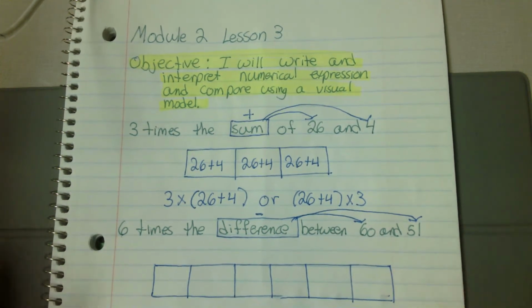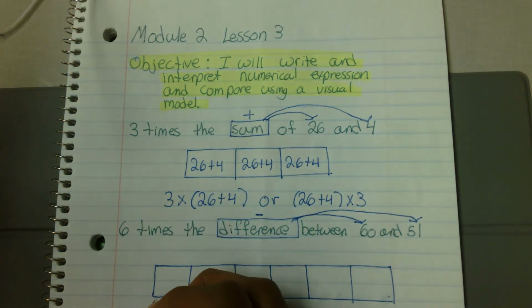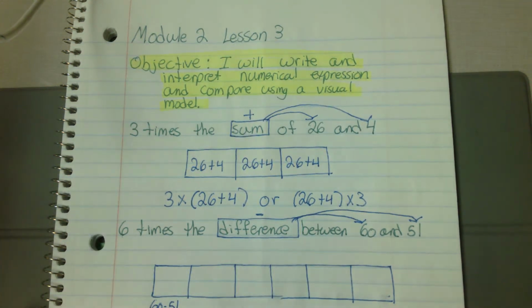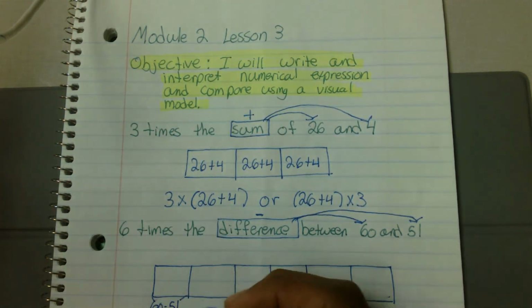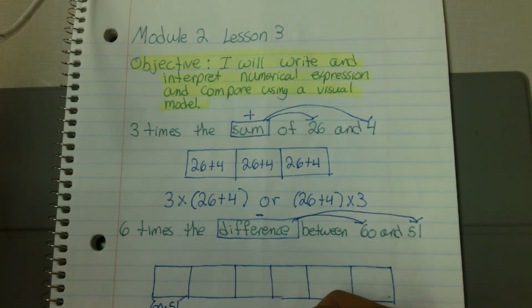Now, in the 6, remember, we're going to do the difference or the subtraction of 60 minus 51. So we would do that over and over and over again, and that would be right in this area here. So my numerical expression would be 6 times, in my parentheses, the difference between 60 minus 51.